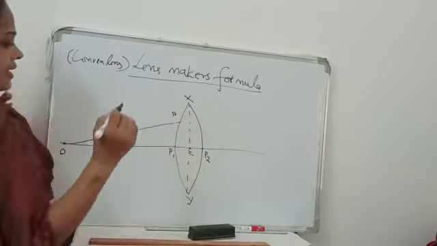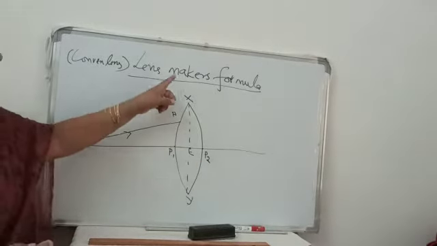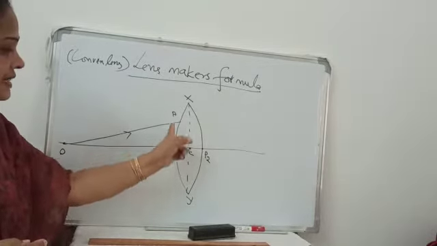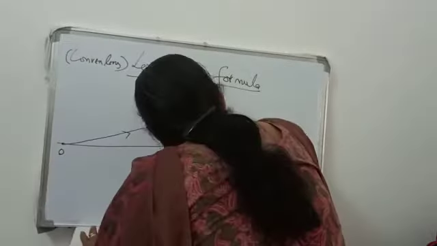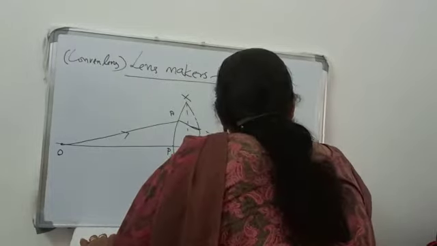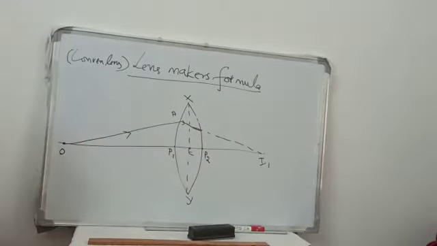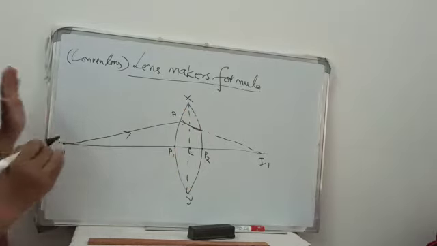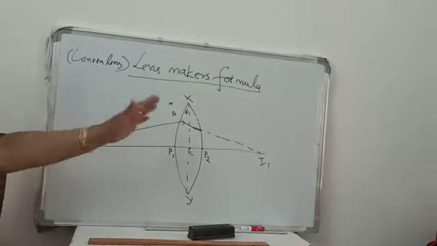Now, if this surface was the only surface present and the second surface was not there, refraction takes place at this surface XP1Y and we get an image formed at I1. For this surface, light is coming from rarer to denser.